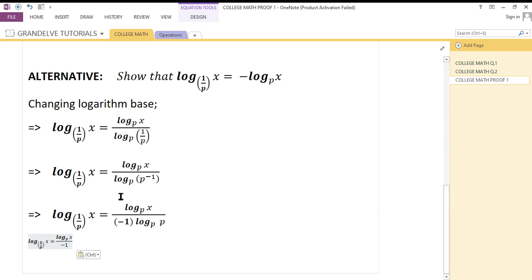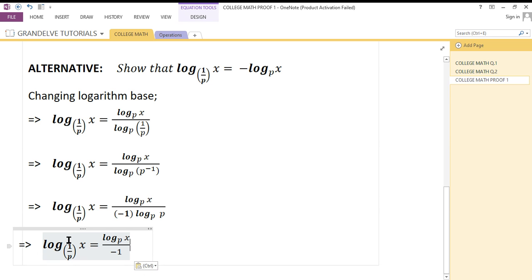So this whole expression log p base p will definitely go to 1. Okay. So if this whole expression will go to 1, then our next step is likely to be log s base p all over -1. Why? Since this is 1, we have 1 times -1, and that is -1.